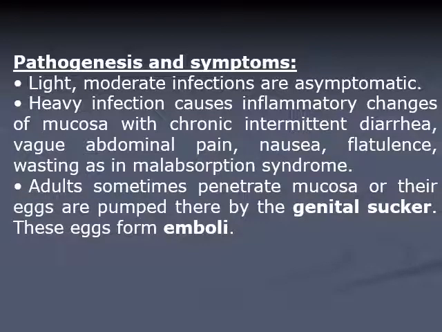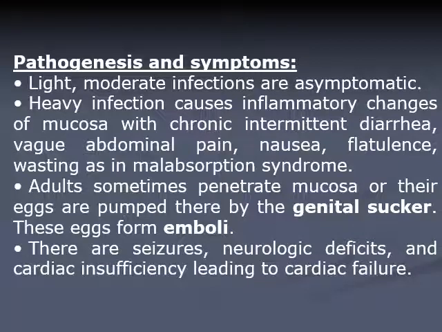Adults sometimes penetrate mucosa or their eggs are pumped there by the genital sucker, which is the dangerous part in Heterophyid infection. These eggs form emboli inside the circulation. They go to be lodged in parenchymatous organs like heart and brain, causing ischemic heart disease or causing focal brain affection according to their site of lodgement.